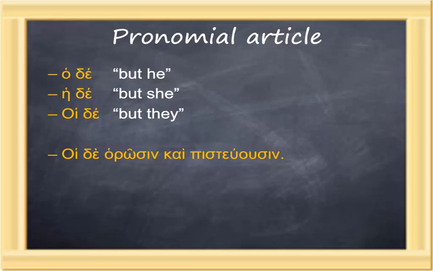Ho de, but he. He de, but she. Hoi de, but they. Again, the article plus de can function like a pronoun. Hoi de horosin kai pisteuousin. They see and believe.